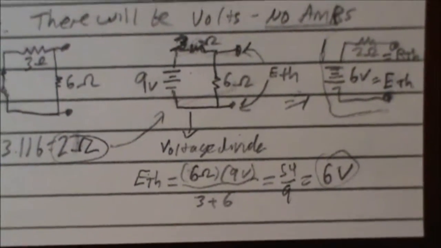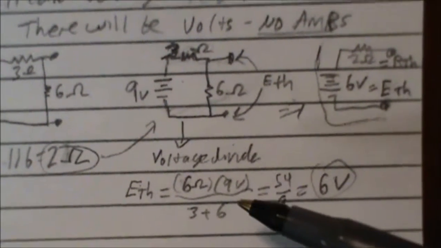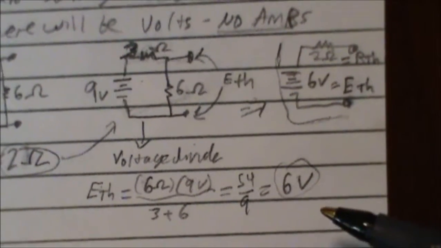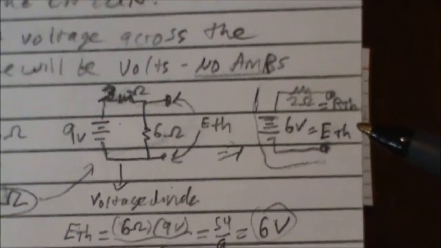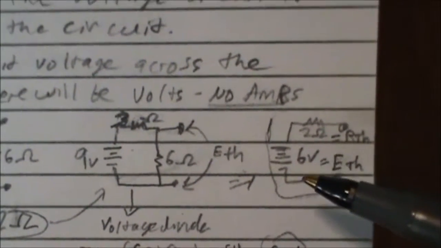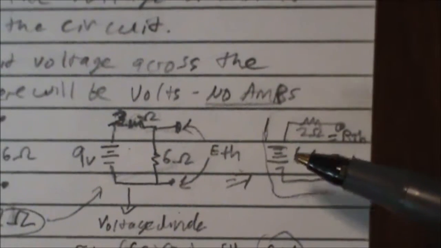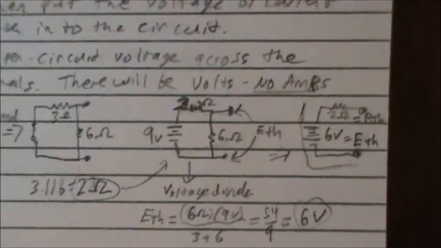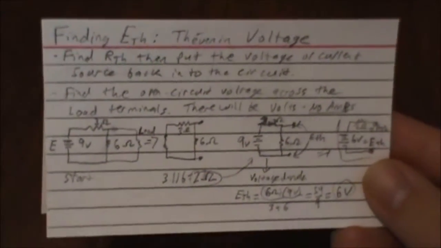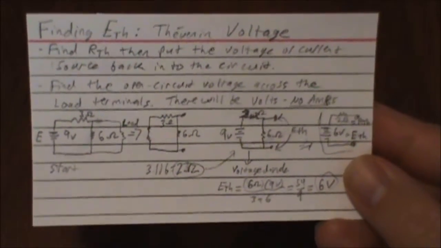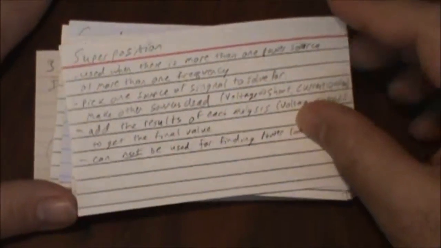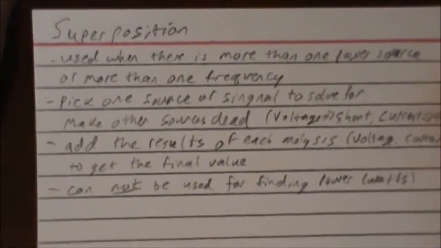And so we have E Thev as product over sum, so 6 volts here, and we end up with our Thevenin equivalent voltage source of 6 volts here and 2 ohms here. So yeah, that's too fast to really go over, but we'd be here all day if I did that. Anyways, another method of circuit analysis is superposition.